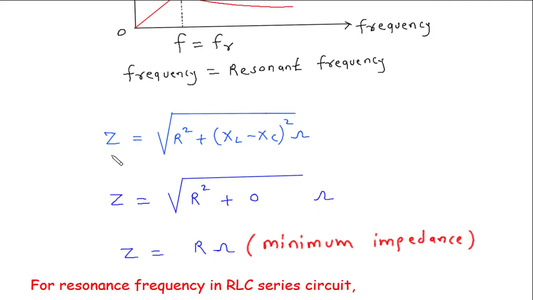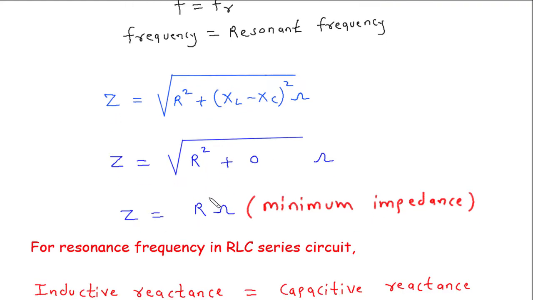So therefore impedance Z is equal to under root of R square plus XL minus XC whole square. So this XL and this XC will get cancelled. So what remains is 0. So therefore Z is equal to under root of R square. So this will be Z is equal to R. This is the minimum impedance.